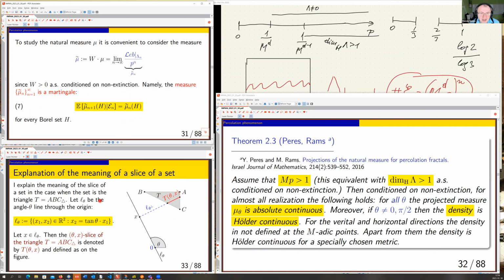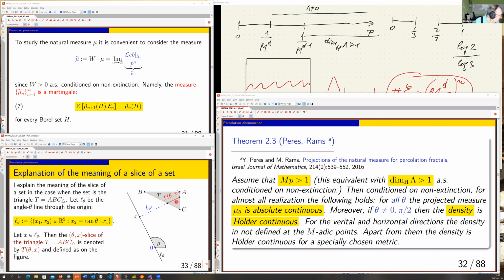In order to do that, I need to say what the slice of a set is. I explain it. This is a triangle. This triangle is a set. And then what do I mean by a slice? For the slice, I need an angle, which is this angle of the line. You see, this is an angle of the line, theta is the angle, and x is a point on the line, and corresponding to this angle and x, there is this red set.